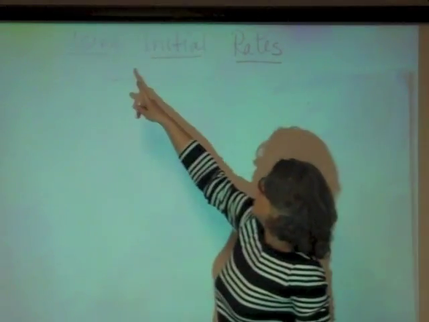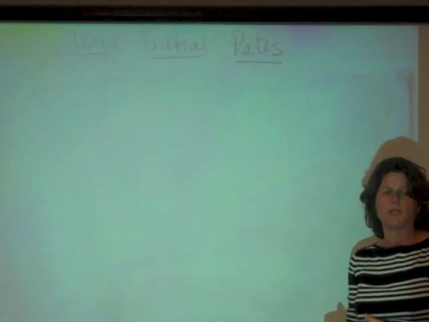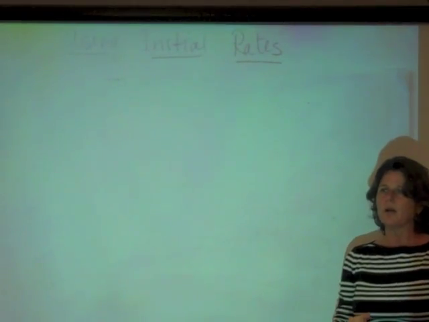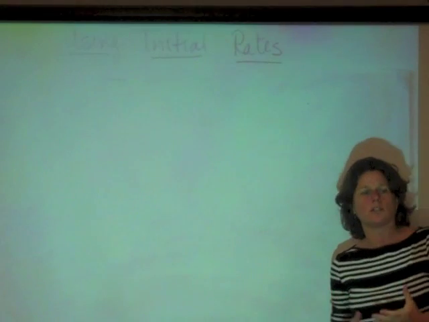Using initial rates. We are going to look at a certain kind of data, initial rate data, and from that data there are some things we want to determine about a specific chemical reaction. Here is the reaction, and there's nothing here that's foreign to you, so between the faded pencil and what I'm saying, you should be able to do this.